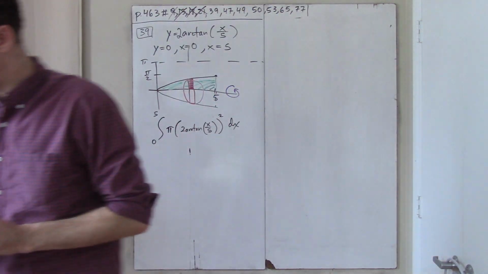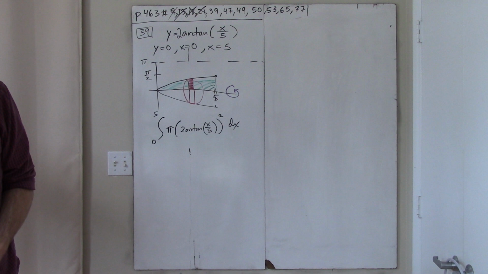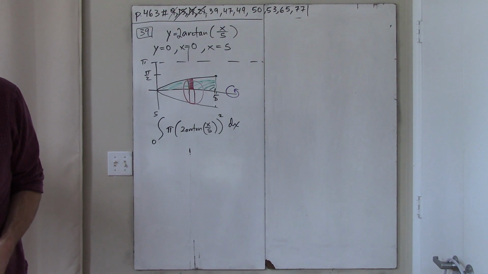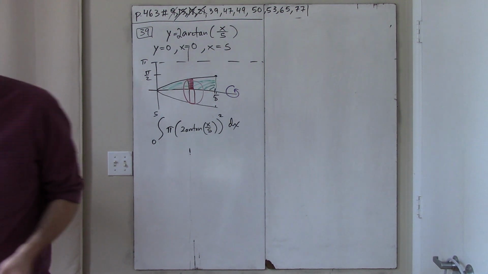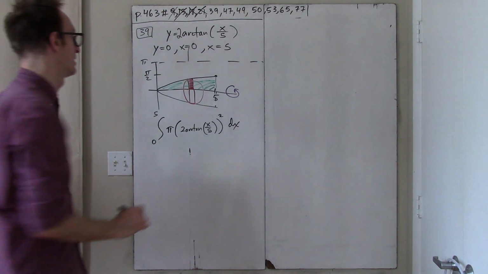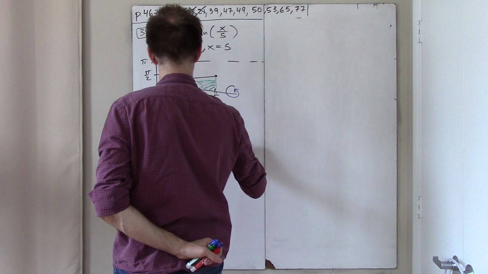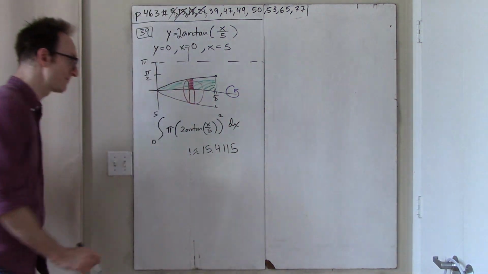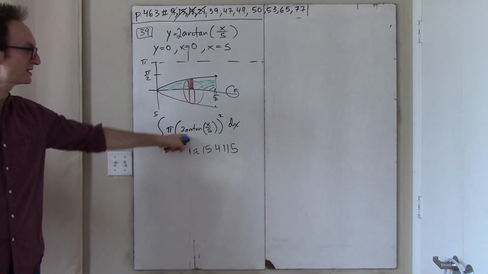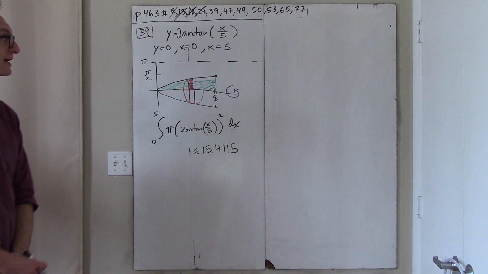In fact, if you're just really dying as you're making it through this homework, you can skip around a little bit and just refuse to do an integral, because the intellectual work is all in the setup. Anyway, this is totally right, and the answer is 15.4115 says the book, which is what you get if you type this into GeoGebra or your graphing calculator.